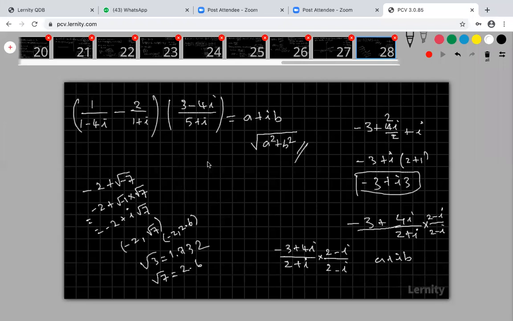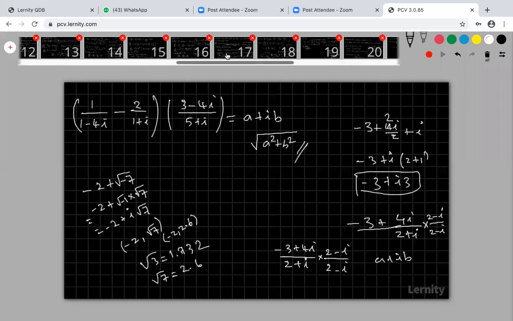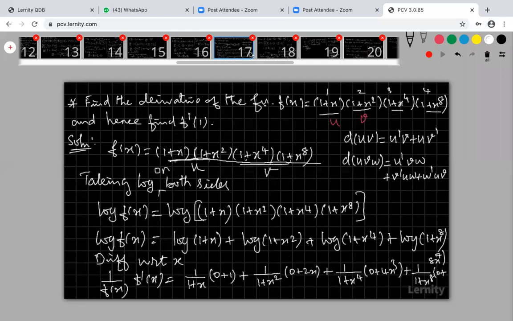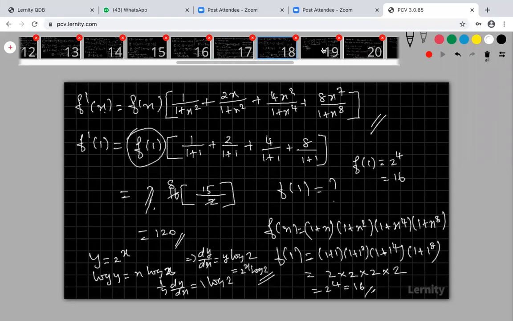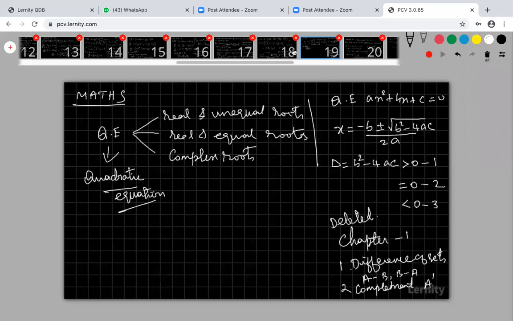Murthy, what is this, 17, 18, 19? Which exercise are the question numbers? Murthy, these are slides. I'm sorry, I thought you were asking. These 17, 18, 19 are previous class slides, the 12th class slides.